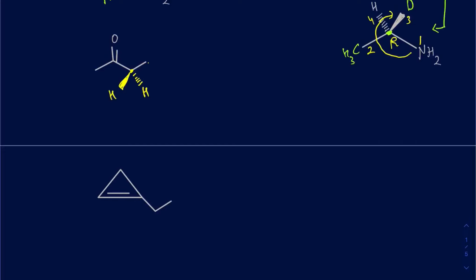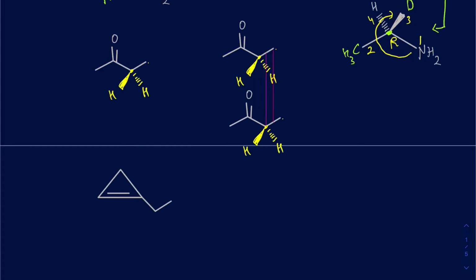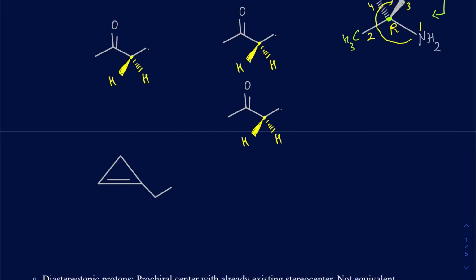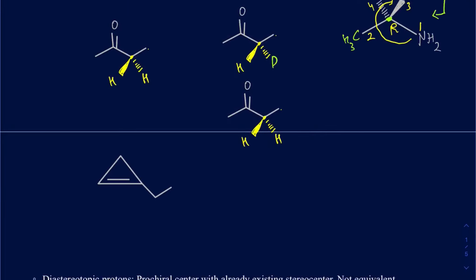But to double check, do a replacement test. So when I run a replacement test, let me just copy that down here, actually twice. I'm going to be replacing this hydrogen with the deuterium, and then I'm going to be replacing this hydrogen with the deuterium.